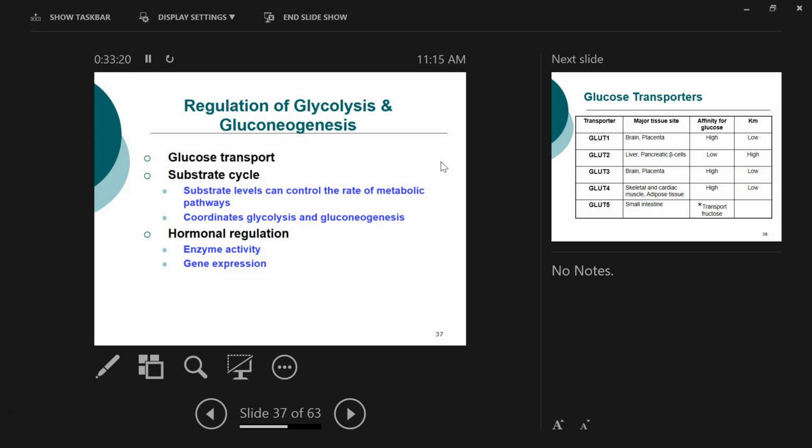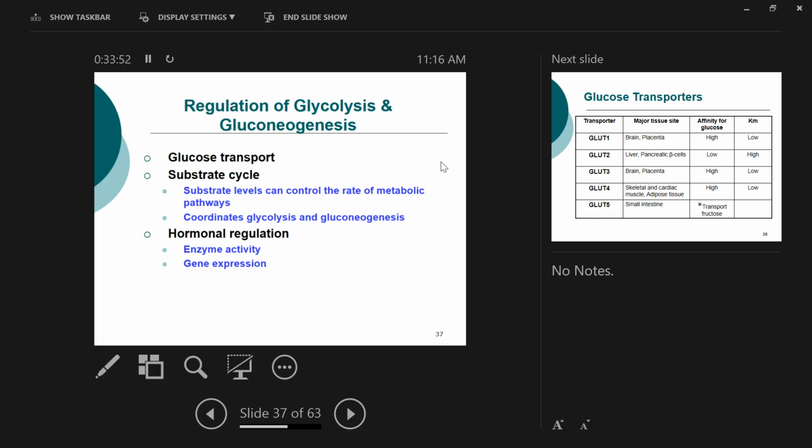So our body needs to regulate under the different physiological conditions to allow one pathway to be active and the other pathway inactive, so that you can efficiently metabolize glucose or synthesize glucose. Does that make sense? How does our body do this kind of regulation? There are actually several levels.